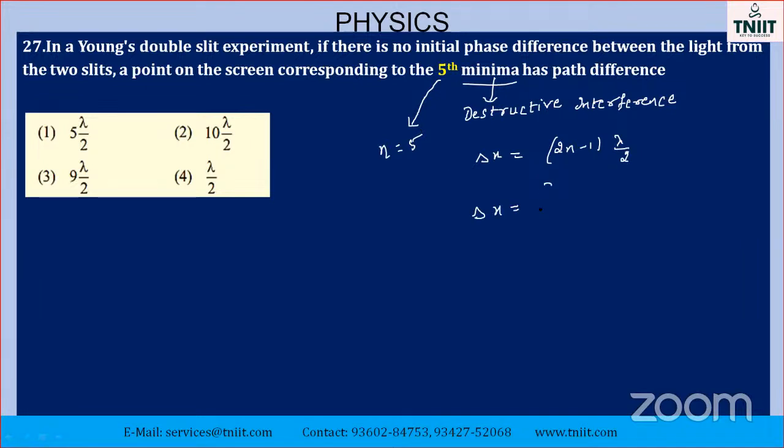So path difference will be (2 into 5 minus 1) into lambda by 2. 2 into 5 will be 10, 10 minus 1 will be 9, so 9 times lambda by 2. So which is the right option? Option 3.